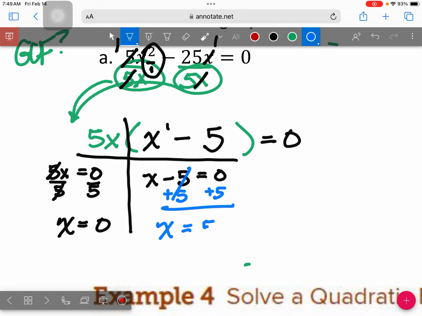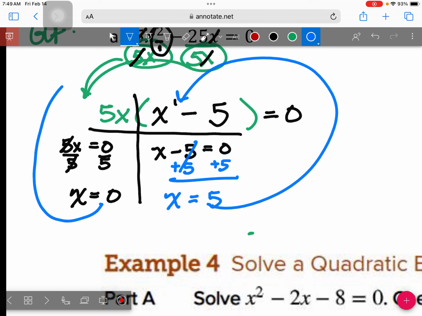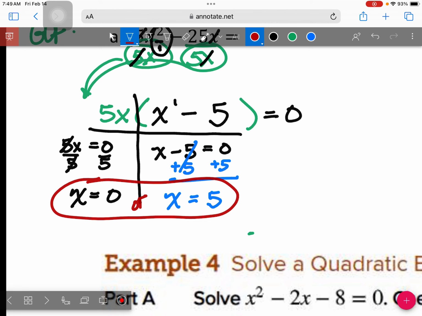X is equal to 5. So when x is equal to 5 and I substitute it back in here, that makes that factor 0. So yes, anything times 0 is 0. When I put this 0 back in for that second factor, I get 0. So 0 times anything is 0. So that works too. So x is equal to 0, which would make the first factor equal to 0, or x can be equal to 5, which makes my second factor equal to 0.